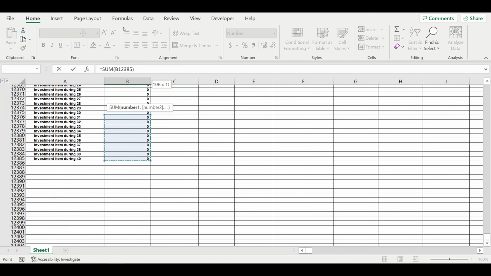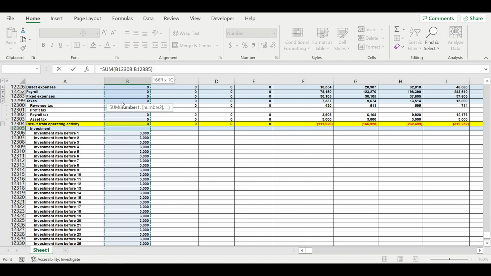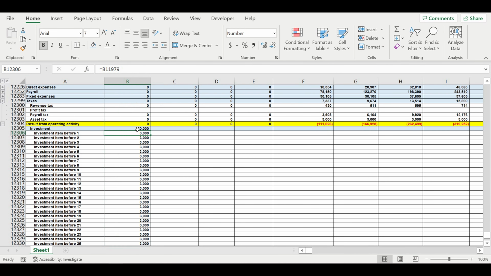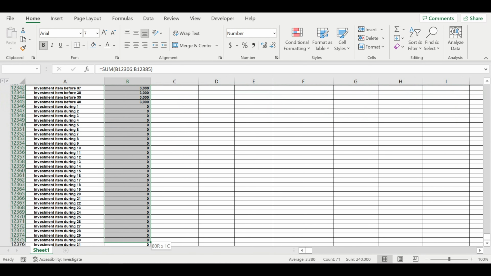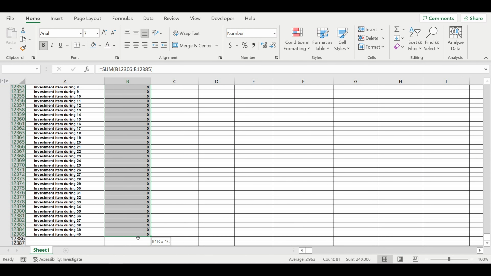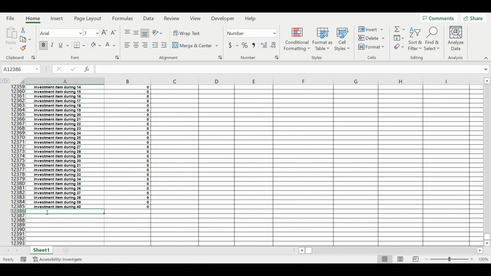So we take a total of the two blocks of outputs. One is before, the second one is during the operating activity stage. Then we calculate the result from investment activity.